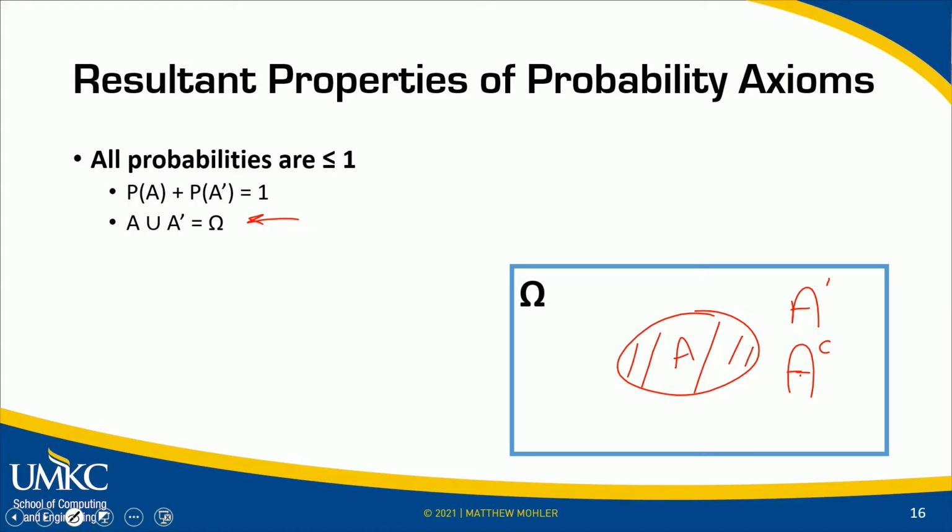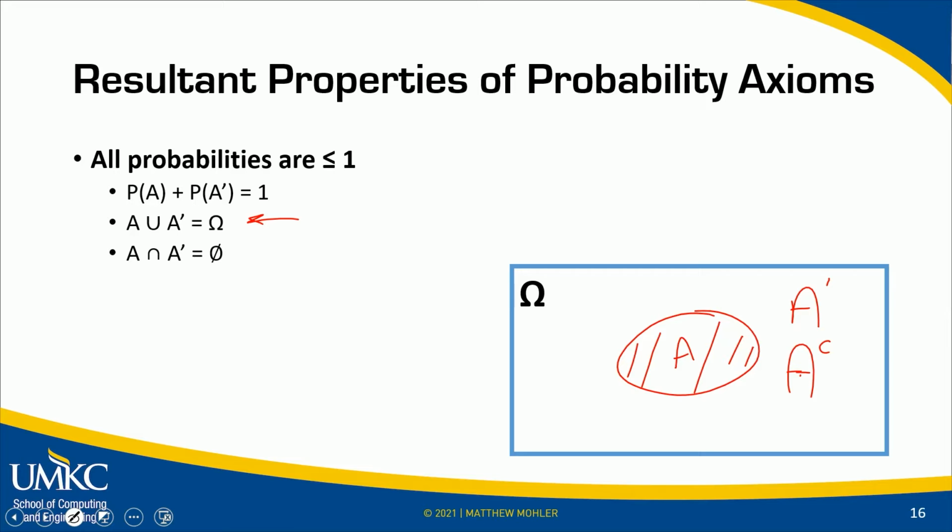And then finally, we can infer some interesting information about the empty set, or the intersection of A and the complement of A. We can say that A intersected with A complement is equal to the empty set. Basically, because we've defined A complement as everything that is not A, there is no area where A and A complement are the same.